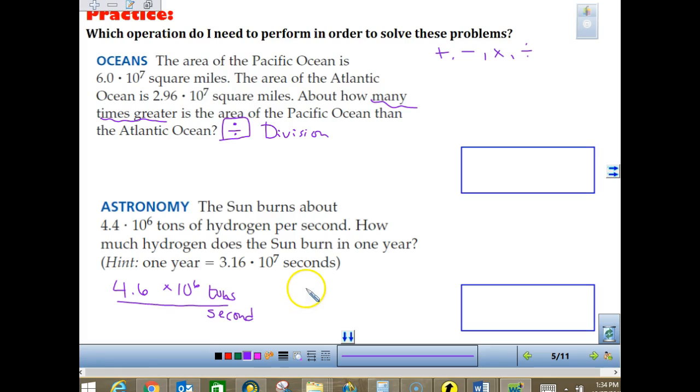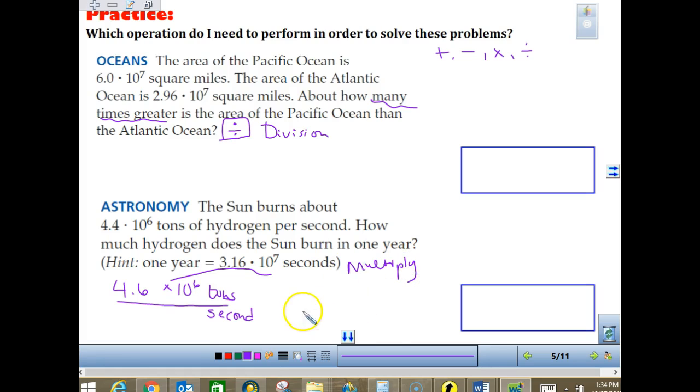And the information they give us is that 1 year equals 3.16 times 10 to the 7. What operation? Anyone think we're adding them? Subtracting? Multiplying, dividing? Multiply. We are actually going to be, in this case, multiplying.